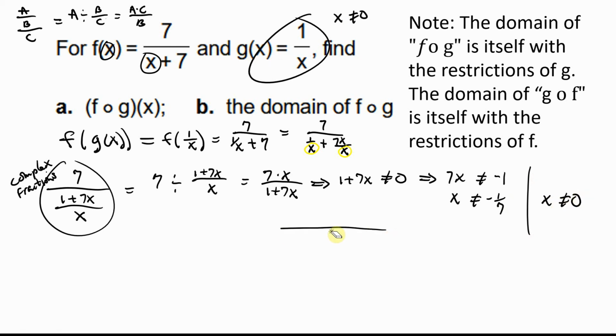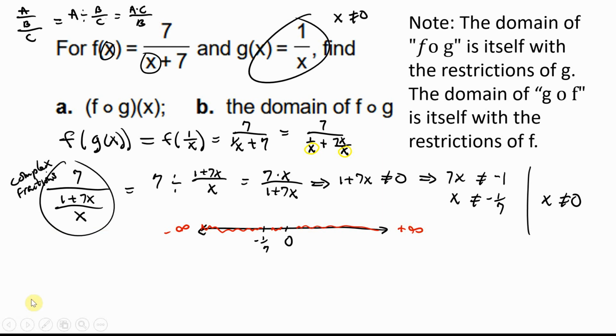So on the number line, I list these numbers in order. Well, from the left to the right, I get to -1 over 7 before I get to 0. So I have everything else except those two numbers. So this is negative infinity, positive infinity.